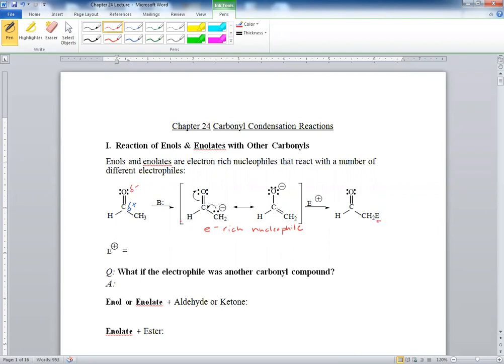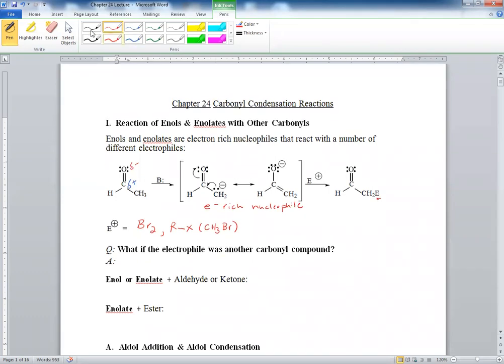So in the last chapter, we talked about Br2 as an electrophile where we added a halogen. We talked about RX, like an alkyl halide, where we added an alkyl group, something like, for example, CH3Br, CH3I, etc. We did the alkylation. But again, as we said, in this chapter we're going to have enolates reacting with carbonyl compounds.